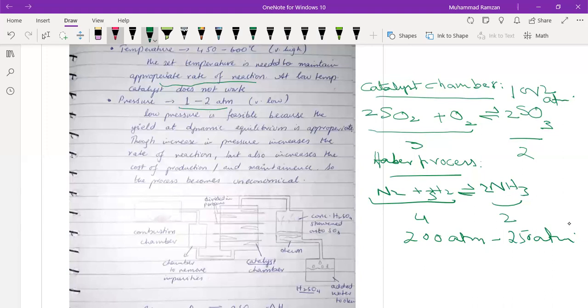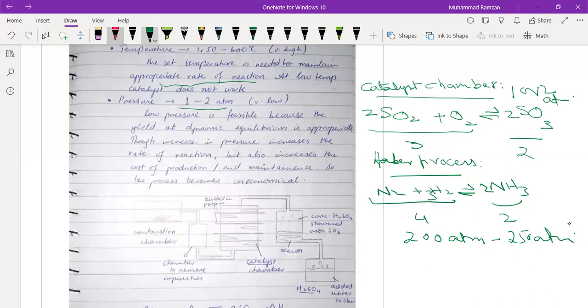This is the question. No, look, please. The reason is its Kc or Kp value is higher.